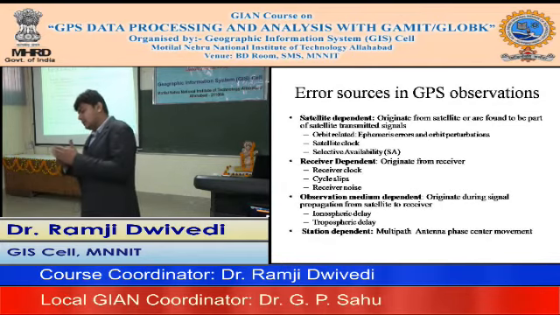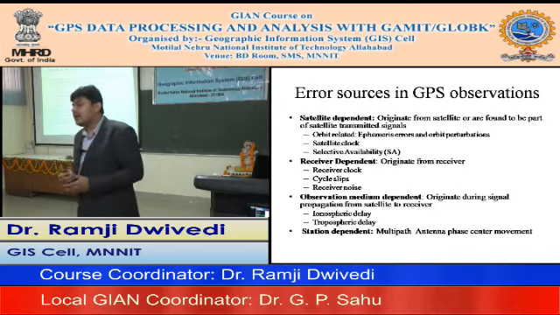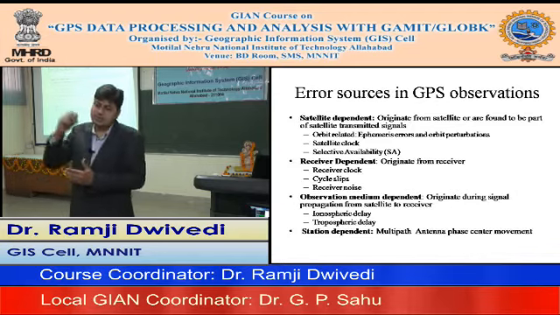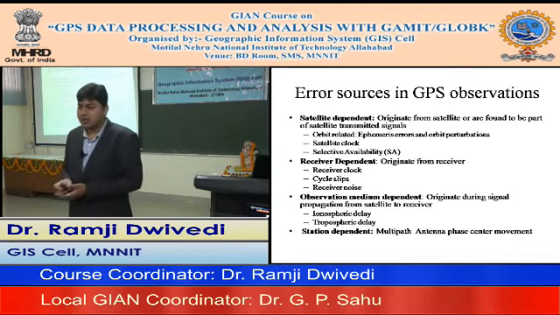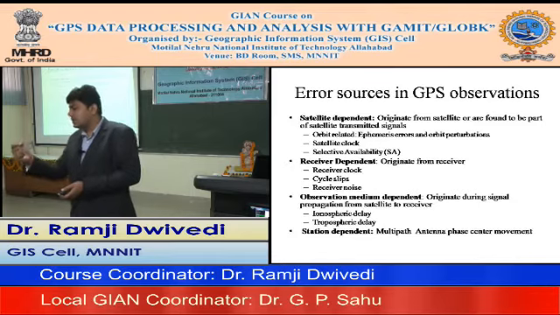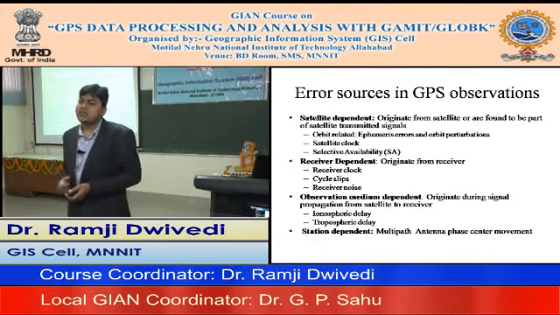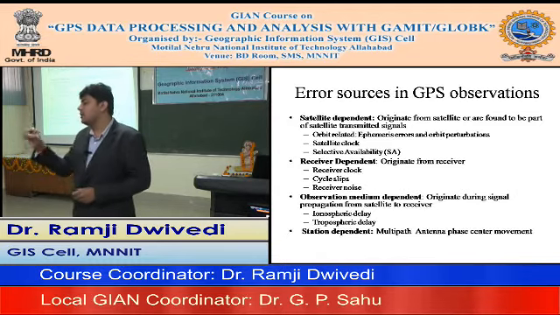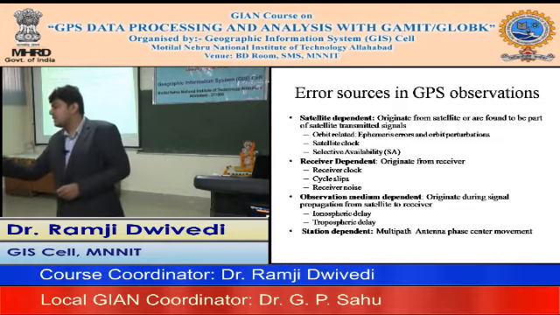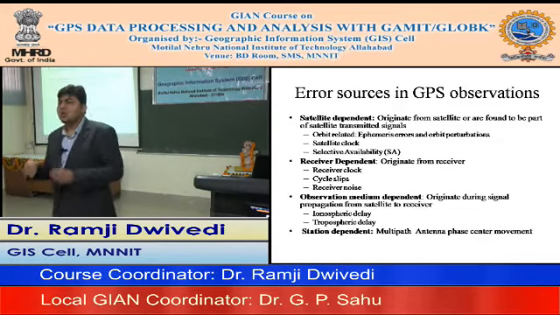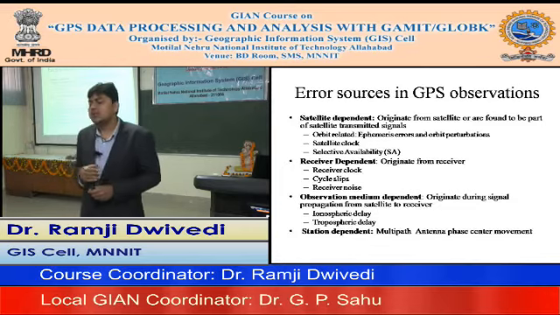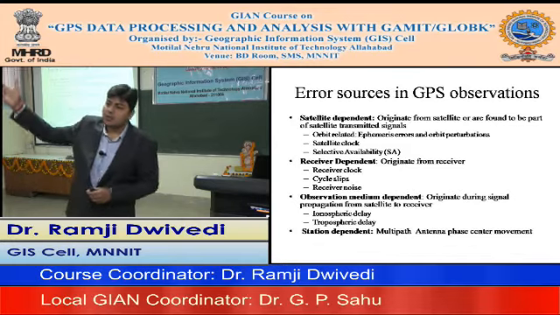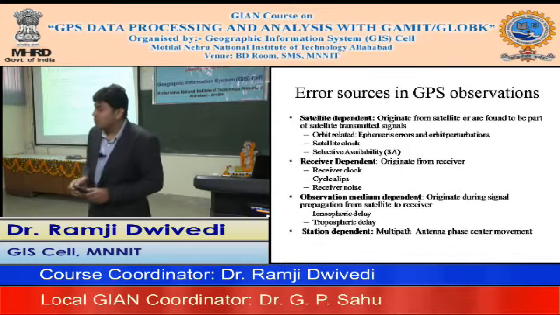So when we consider the relativistic effect at the satellite end, what will happen? When the satellite clocks were launched from the Earth to the particular orbit, their fundamental frequency is set slightly below 10.23 megahertz. The fundamental frequency, which we have understood from the literature, is 10.23 megahertz. It is set just below 10.23 because, from Einstein's general theory of relativity and the special theory of relativity, clocks move faster when they go into orbit.